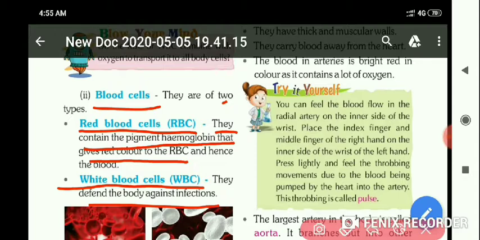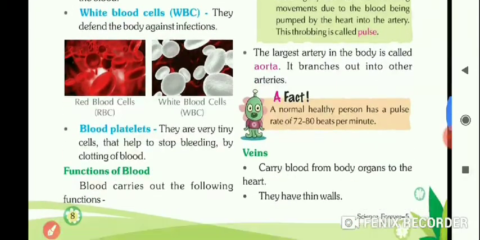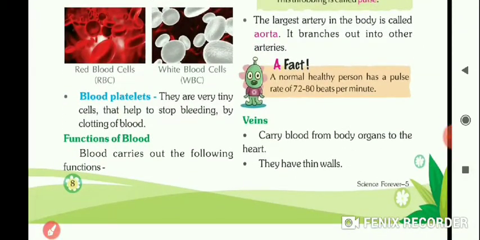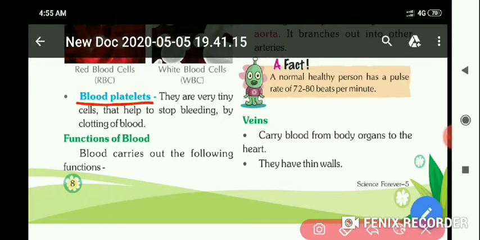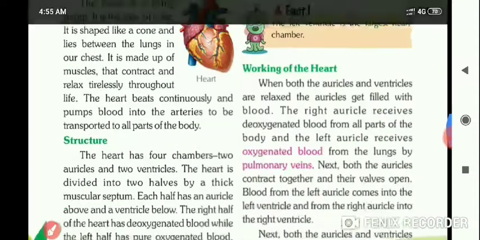Now the third part, that is blood platelets. They are very tiny cells that help to stop bleeding by clotting of blood. Okay, so these are the three blood cells: RBCs, WBCs, and blood platelets along with their function. Now move to next question.